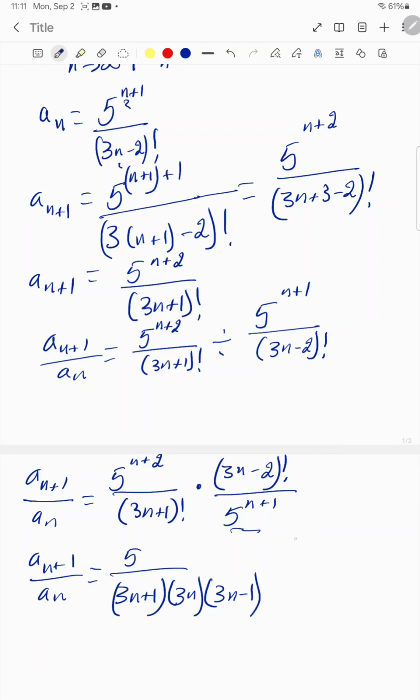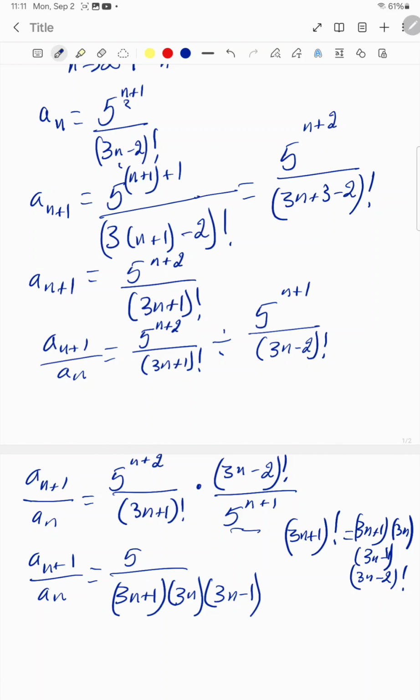Let's write it down for you here. (3n plus 1) factorial is equal to (3n plus 1) multiplied by 3n multiplied by (3n minus 1) and multiplied by (3n minus 2) factorial. And the (3n minus 2) factorial with (3n minus 2) factorial, I can simplify.